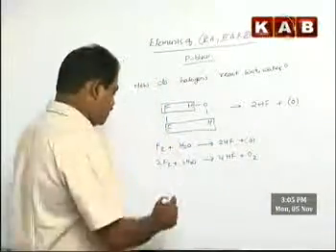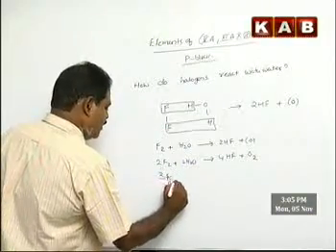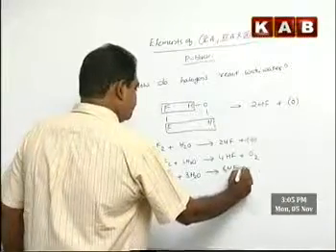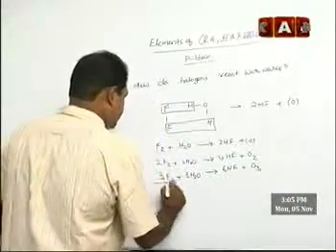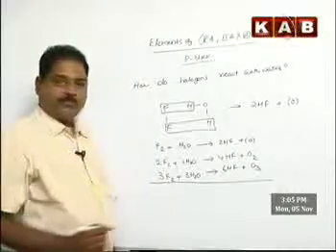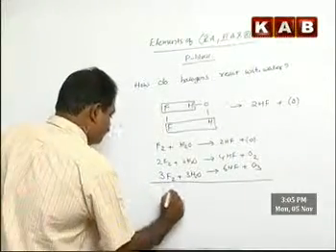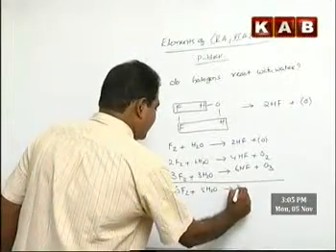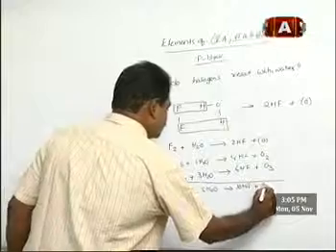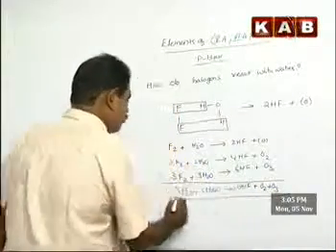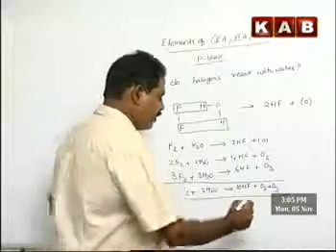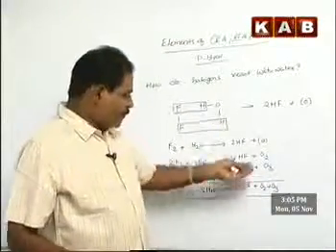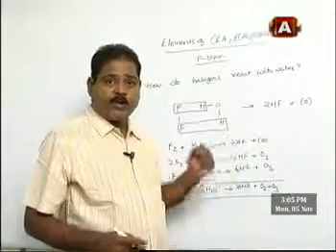Very interestingly, 3 oxygens also will combine. 3F2 plus 3H2O, you end up getting 6HF plus O3, and the net reaction goes like this: 5F2 plus 5H2O, you get 10HF plus O2 plus O3. Ozonized oxygen, you get a mixture of oxygen and ozone. Ozonized oxygen. This is a preparation of ozone, one of the methods of preparation of ozone also.